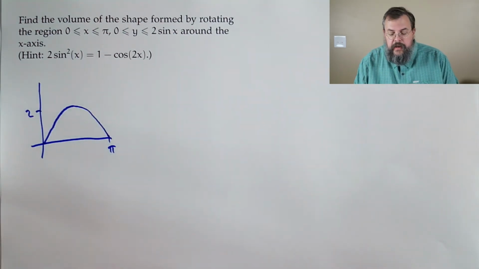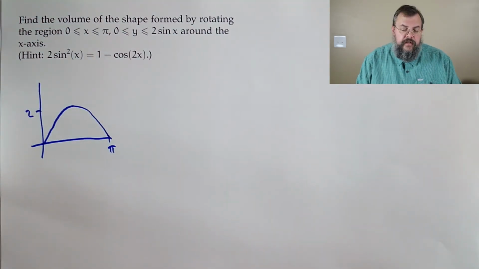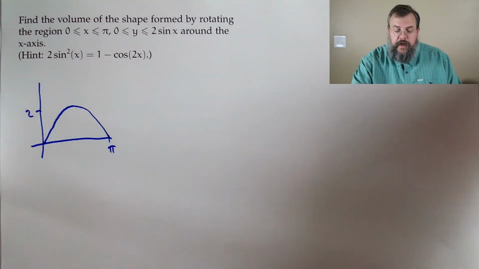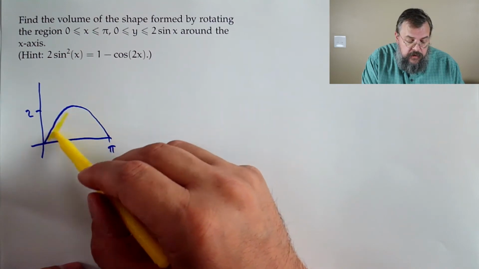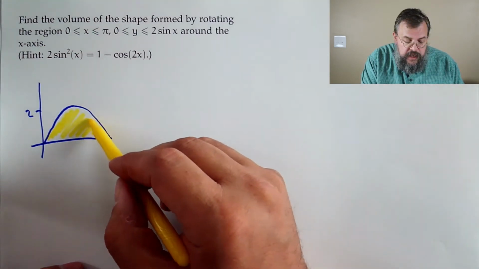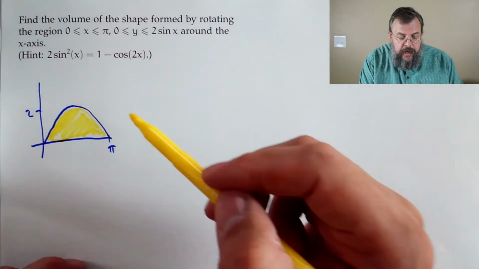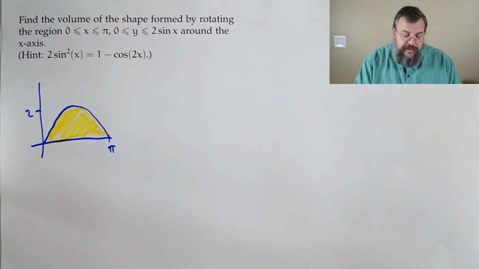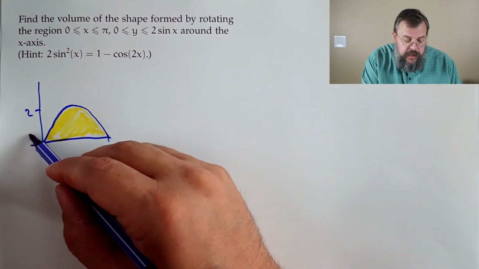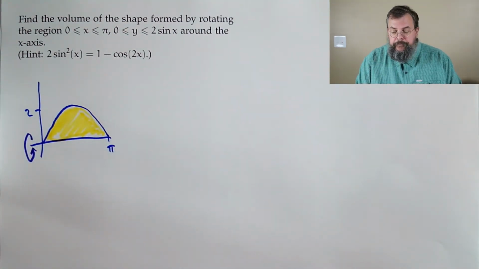So there's our shape, where x goes from 0 to pi and y goes from 0 up to 2 sine of x. Let's add a little bit of shading here. All right. Now, what's happening? Well, we're going to rotate around the x-axis. So we're spinning that way.